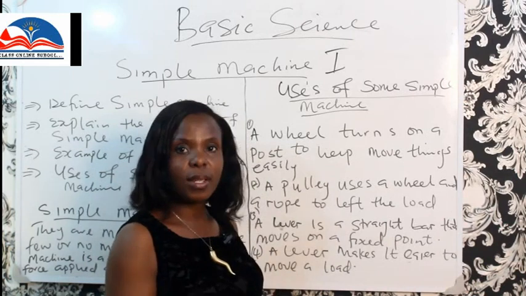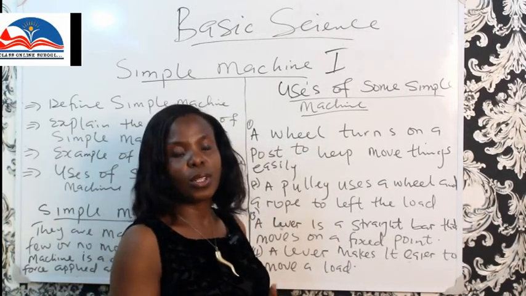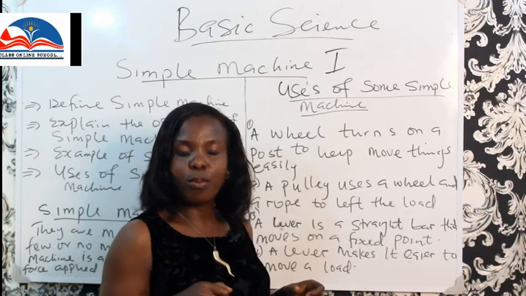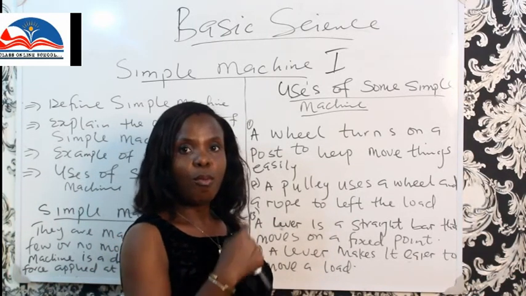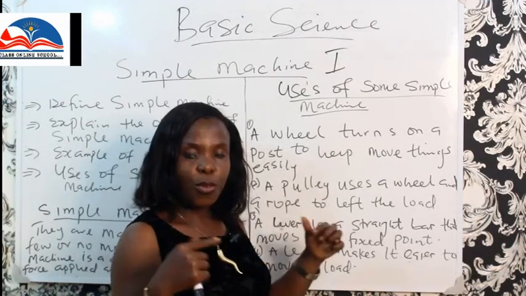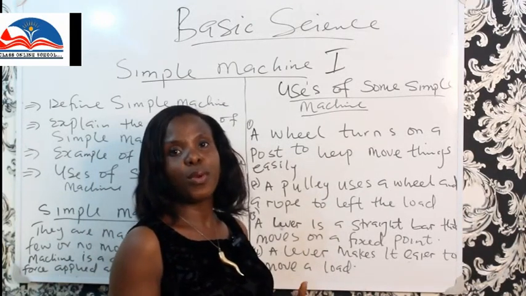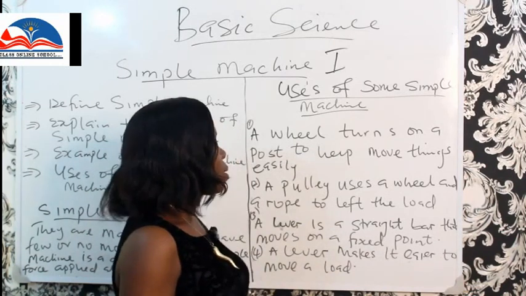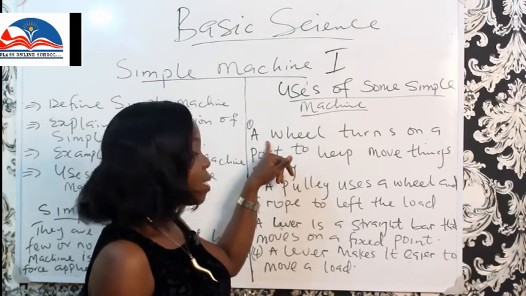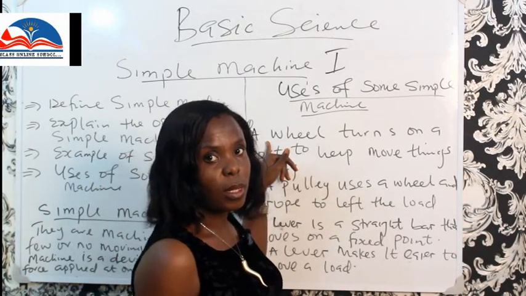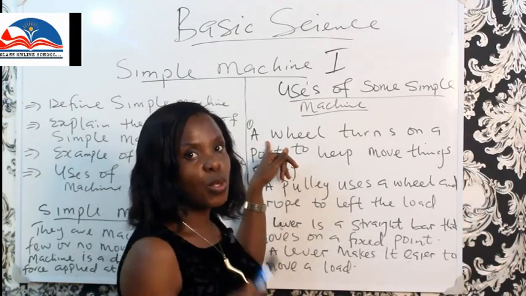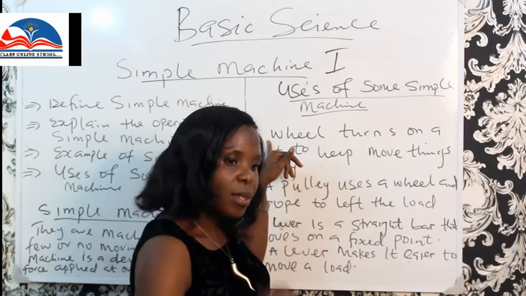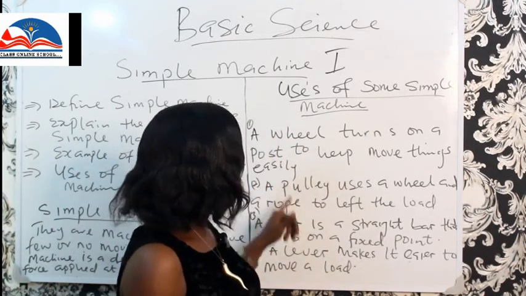What about your bicycle, your tricycle? The bicycle can help you move easily. If you put load on it too, it will help you to move your load very easily. All right. So we've seen the work of a simple machine, which is a wheel. A wheel can translate into a bicycle, a wheelbarrow, a tricycle, things that have a wheel that turns.